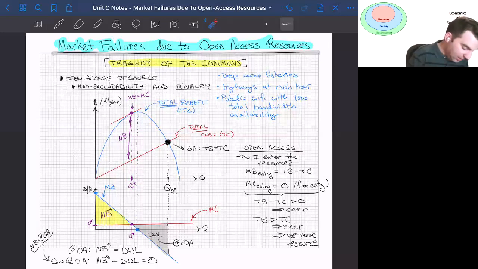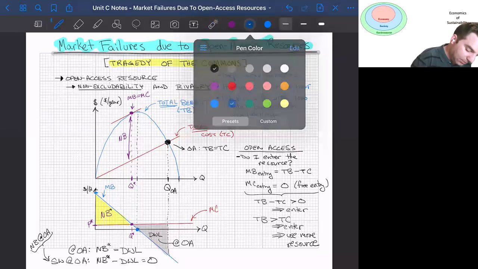You know, the things that are here, I mean, the tragedy of the commons here, what do we mean by tragedy? Let's just put that down real quick.